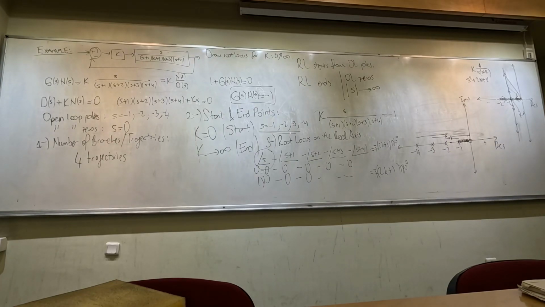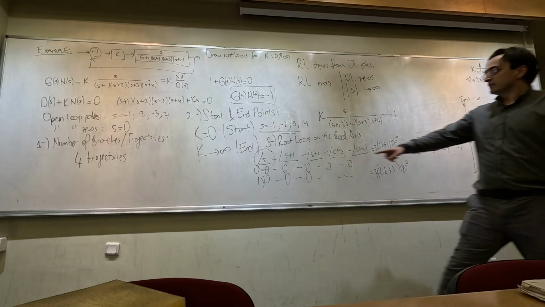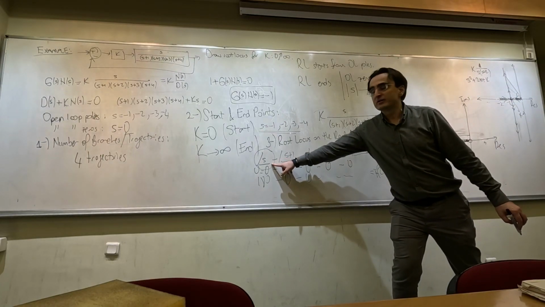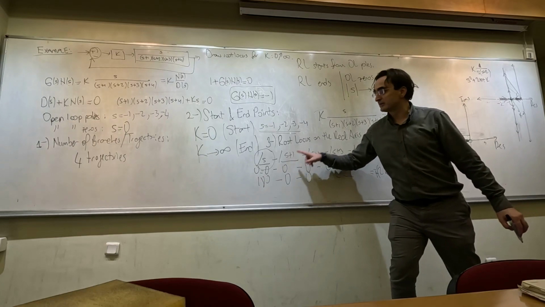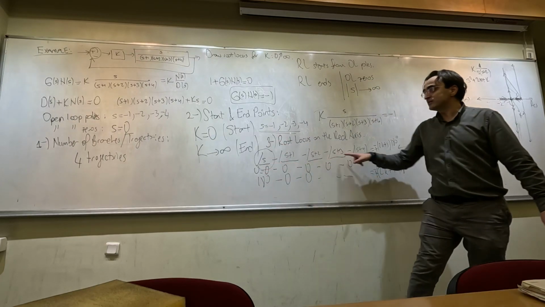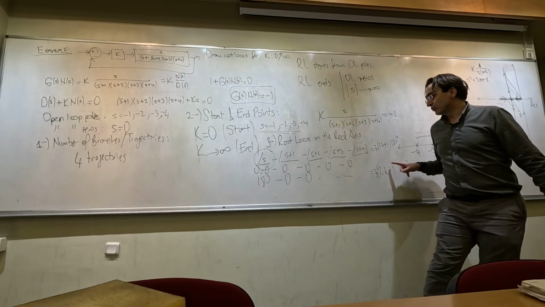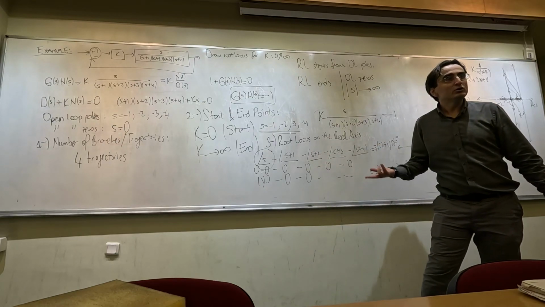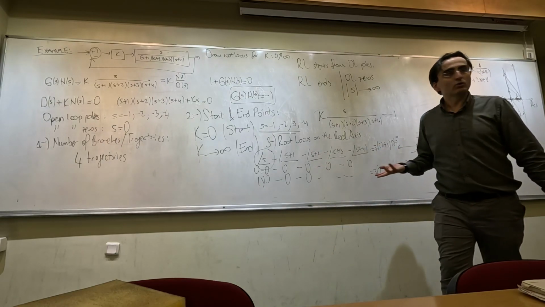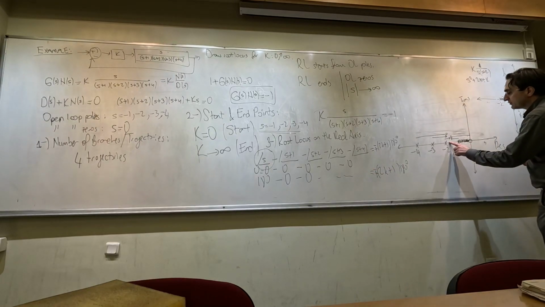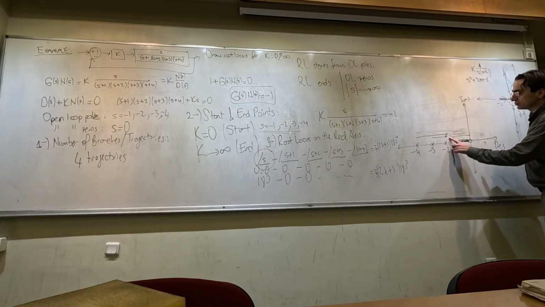Do you think in this case you would be able to satisfy that equality? Here, this thing is going to be 180 minus 180. They are going to cancel each other. The others would be equal to 0. So the left-hand side will be 0. You won't be able to satisfy the equality. So this part will not be included in the root locus.